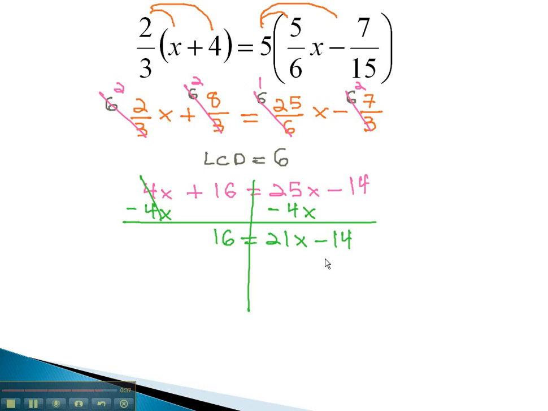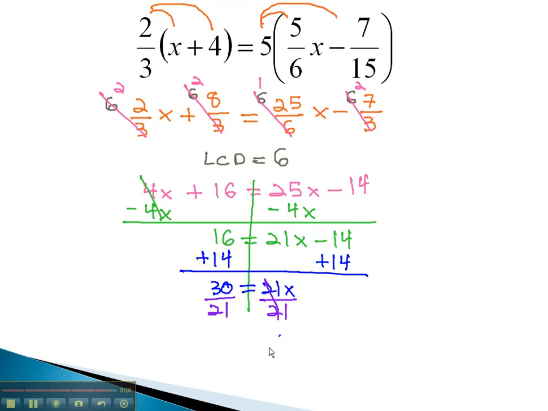We can get the x alone by adding 14 to both sides. 16 plus 14 is 30 equals 21x. Simply divide by 21, and we end up with x equals 30/21. Dividing by 3 reduces to 10/7.